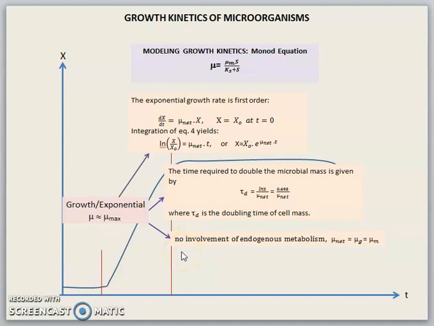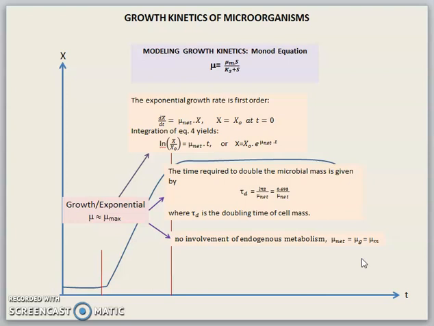At the exponential phase, this mu net equals mu g, the gross specific growth rate, which is equivalent to mu max, the maximum specific growth rate. So remember that mu net is equivalent to the maximum specific growth rate of the microbes during the exponential phase. During this phase, there will be no involvement of endogenous metabolism.